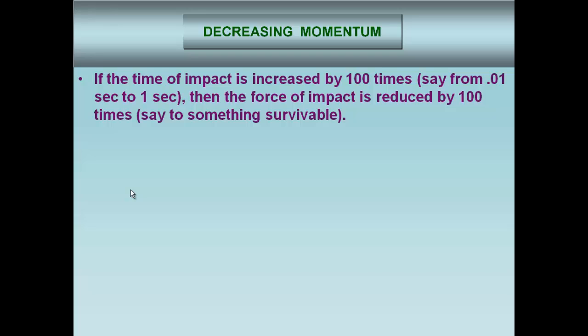What type of mathematical relationship is this when one goes up and the other goes down? Inverse. Yeah. So as far as force and time go, if the time of impact goes up, the force of impact goes down. If you need to write inverse here, please do it. So this is an inverse relationship.